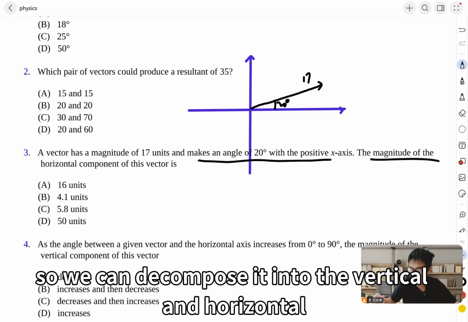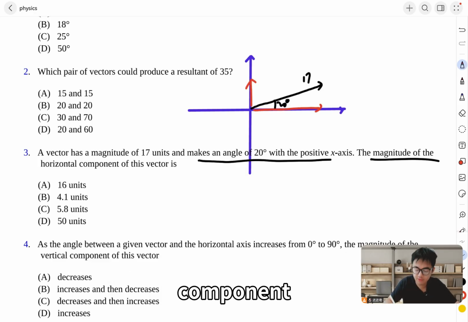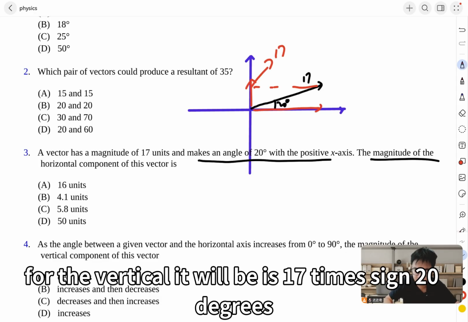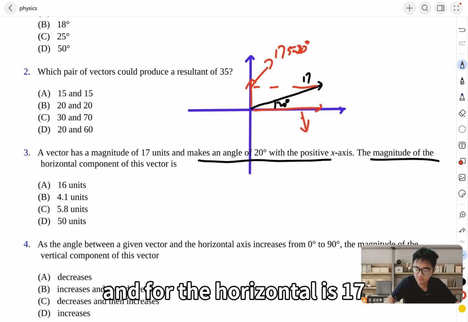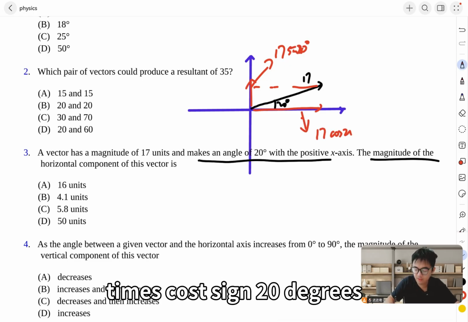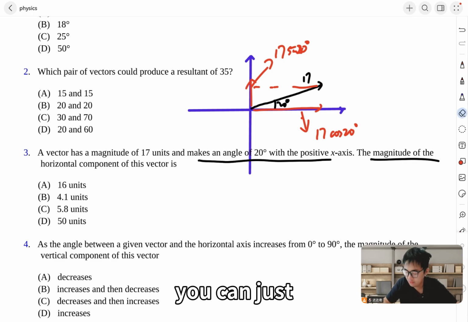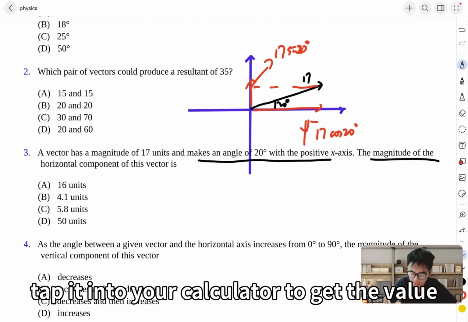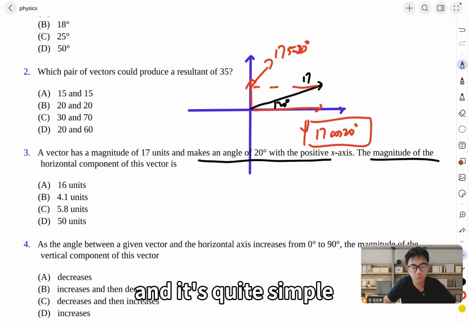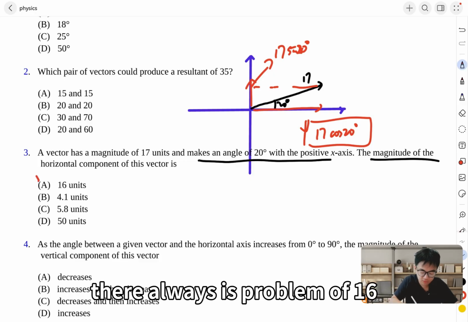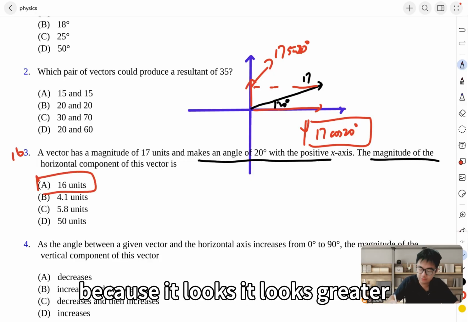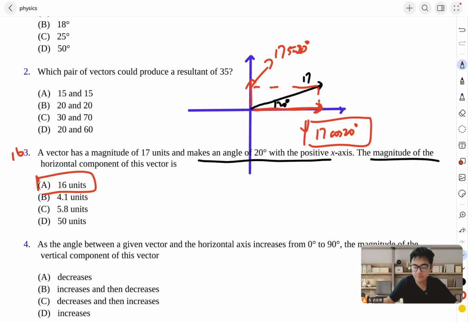So we can decompose it into the vertical and horizontal components. For the vertical, it will be 17 times sine 20 degrees, and for the horizontal, it's 17 times cosine 20 degrees. You can just tap it into your calculator to get a value, and it's quite simple. So I would say it's probably 16, because it looks greater.